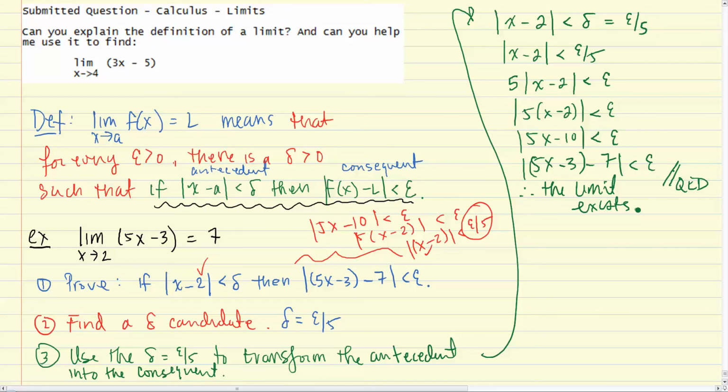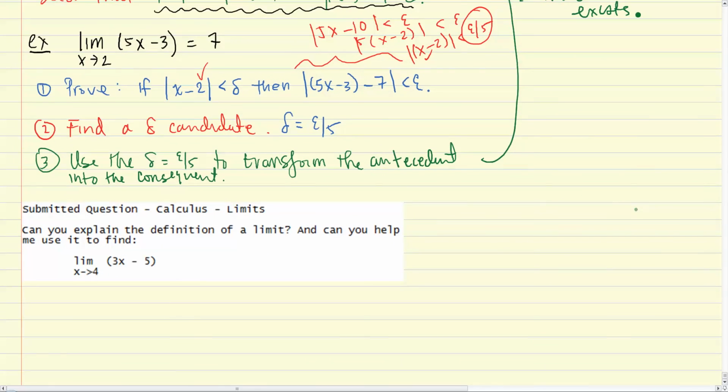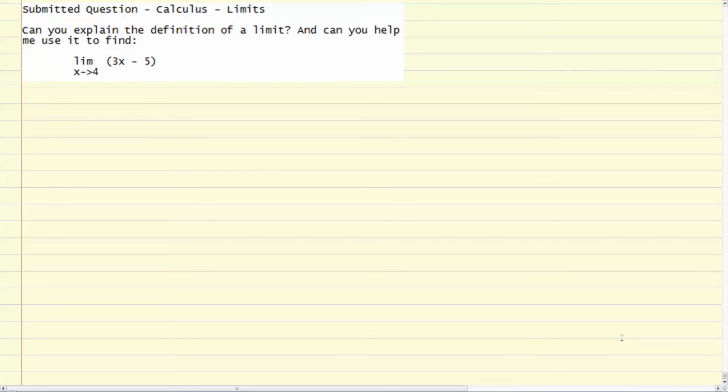With that in mind, now we can turn to the problem that was specifically asked about in this question: the limit of 3x minus 5 as x goes to 4. We actually haven't been given what the limit is.